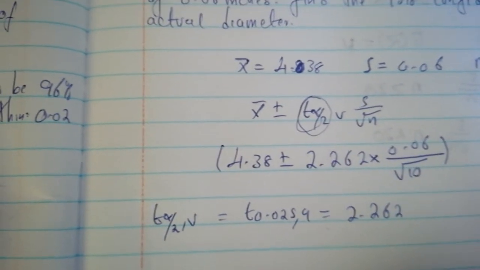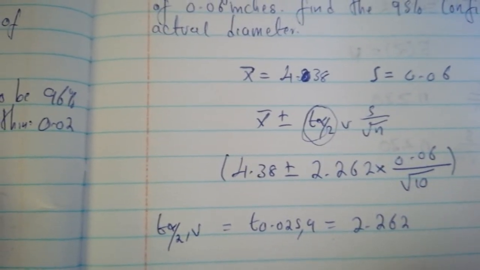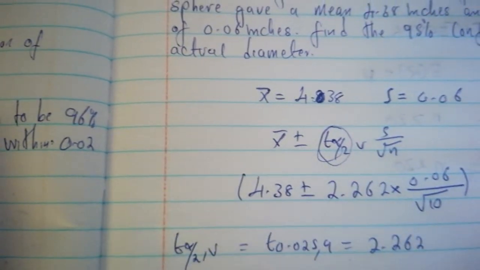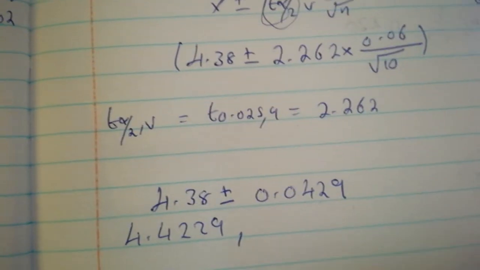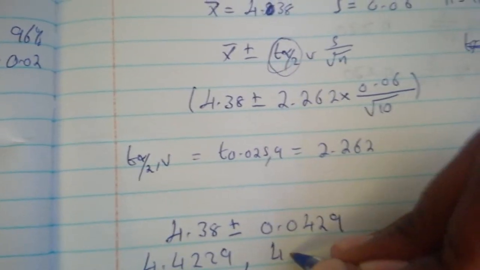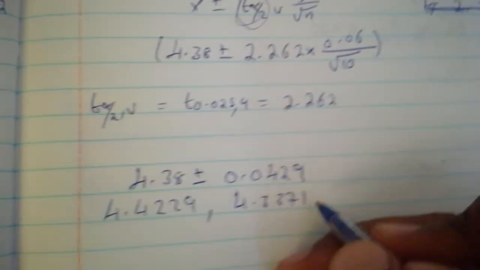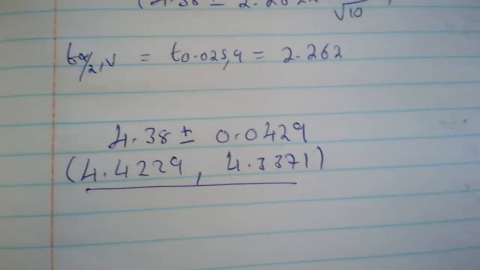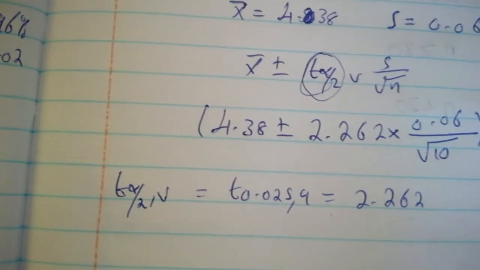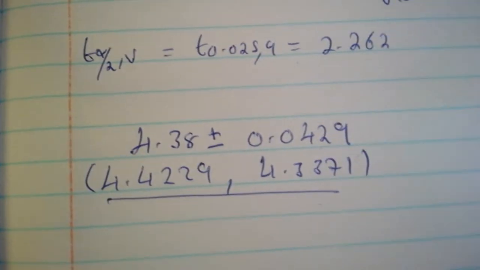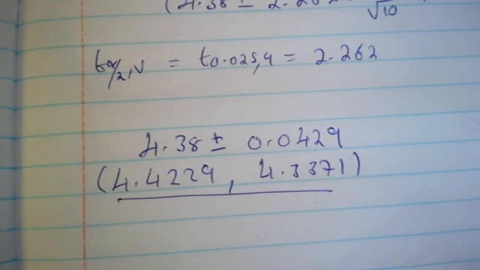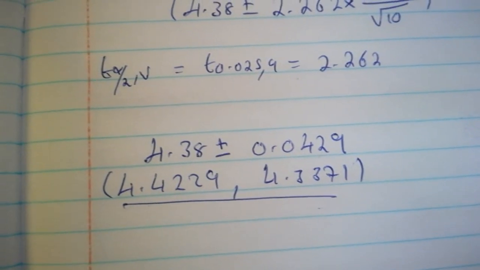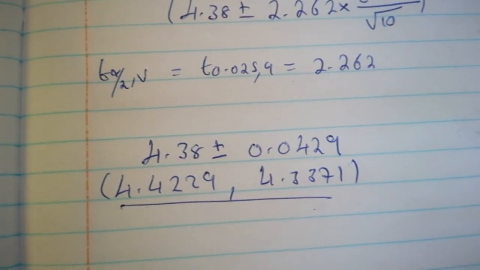Then when we subtract, we get 4.3371. So it means our true population mean will lie within this range.